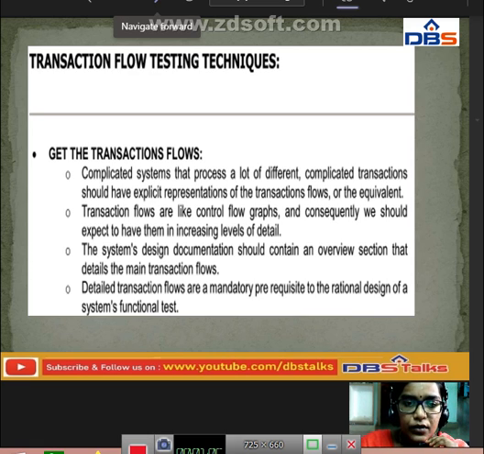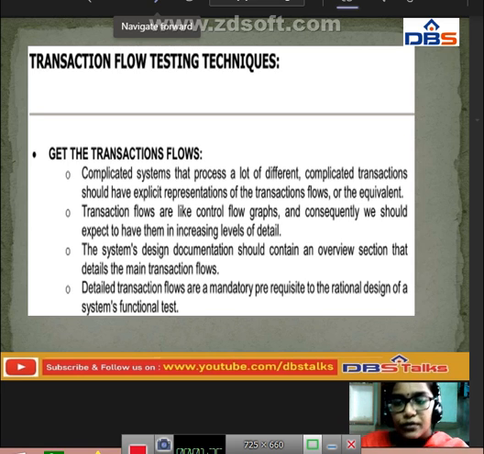Also, in the type of transaction flow, you have to check what testing techniques you are going to apply there, and what process we are going to follow here. Let us see.